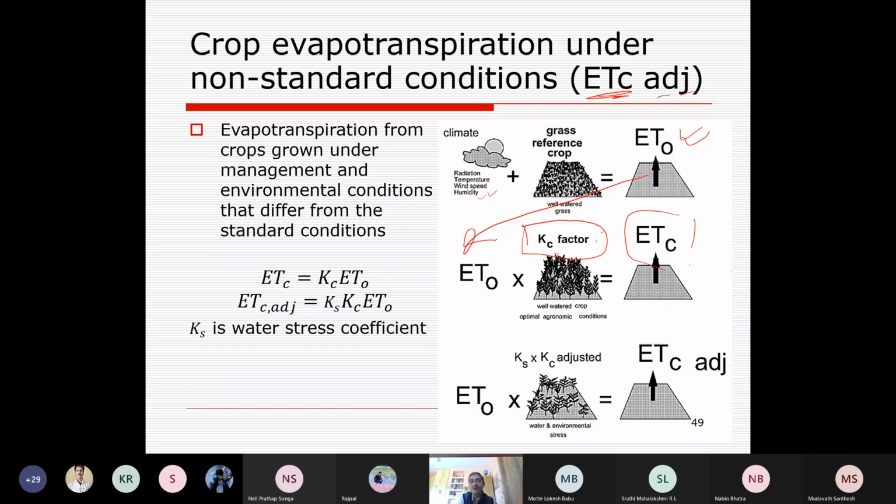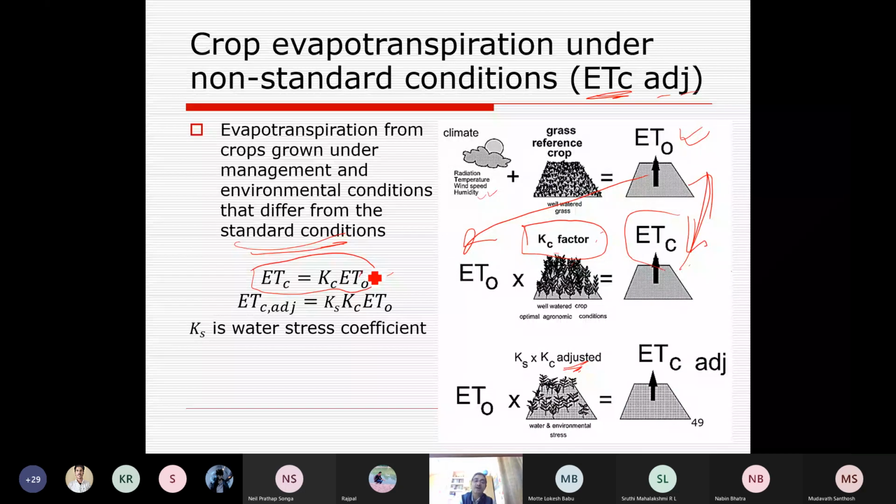But if there are certain management conditions which differ from the characteristics where ET0 has been taken or measured, and we have the crop, we are simply adjusting for any other condition, just like this measurement has taken place in an arid region, and we want to use it for a humid condition.